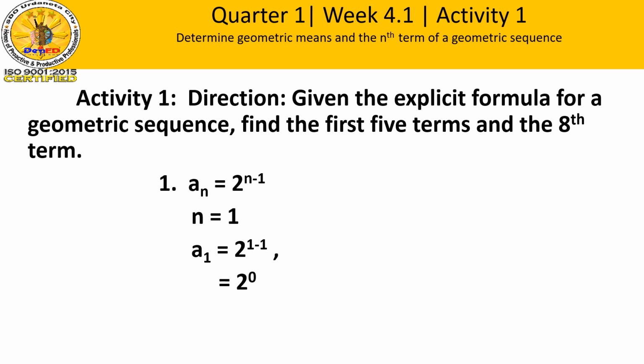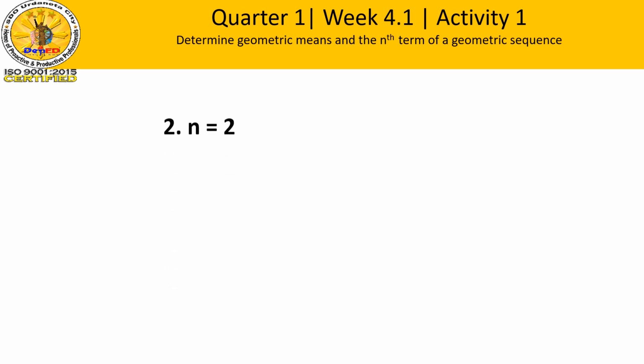In your laws of exponent, any number raised to 0 is equal to 1. So, the first term is equal to 1. When n is equal to 2, a sub 2 is equal to 2 raised to 2 minus 1. 2 minus 1 is 1. Therefore, a sub 2 is equal to 2.